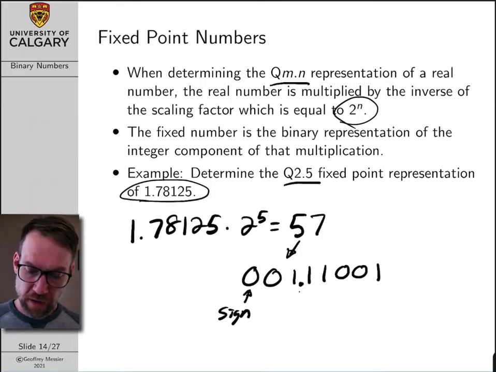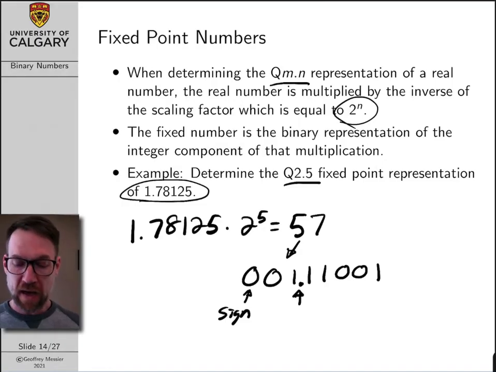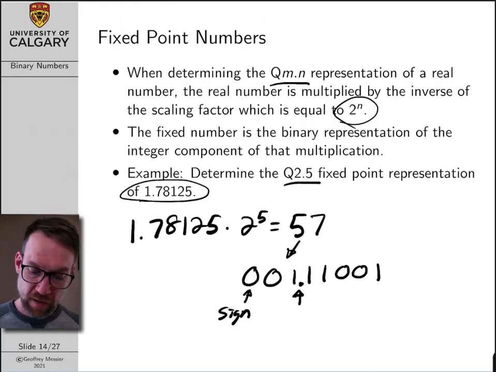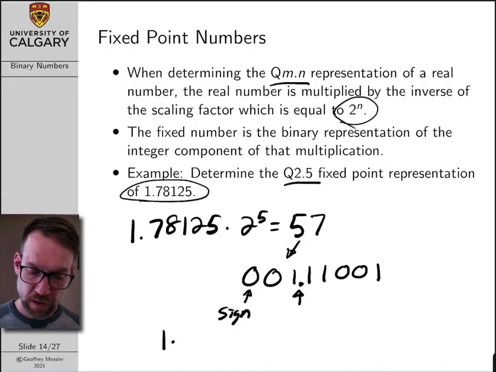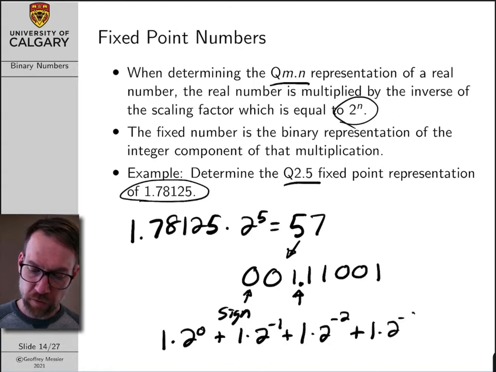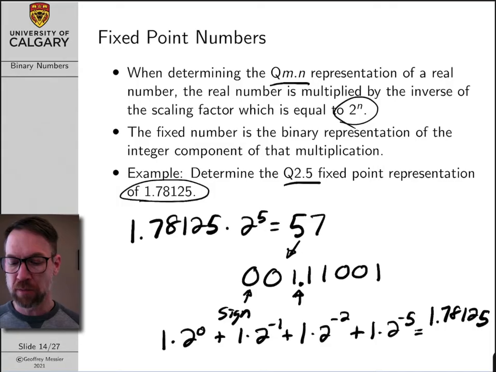So the binary point goes there. And if we convert this back into base 10, and I'll leave out the 0 terms here, we would have 1 times 2 to the 0 plus 1 times 2 to the minus 1 plus 1 times 2 to the minus 2 plus 1 times 2 to the minus 5, which sure enough equals 1.78125.